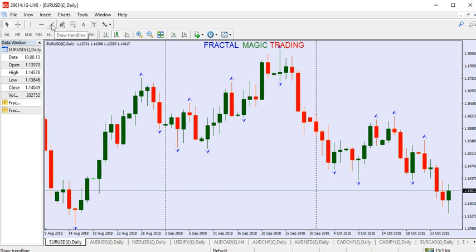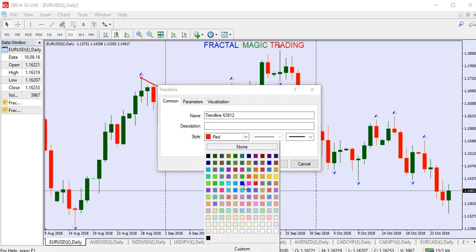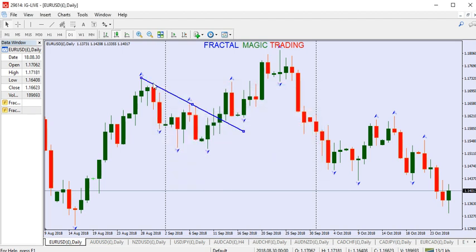So let's start with showing you how to draw fractal support and resistance. For example, if you take two up fractals and join them together, where the second fractal is lower than the first fractal, you'll find that this acts as a resistance line, and when price breaks through this, it tells you that there is a bullish bias in the market and you should be looking to trade in an upward direction.